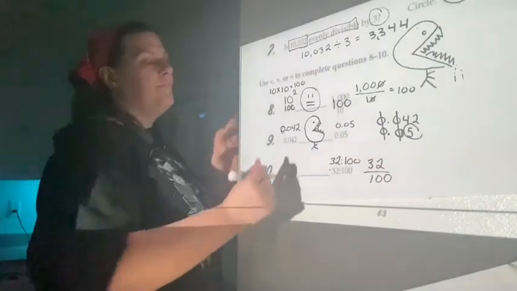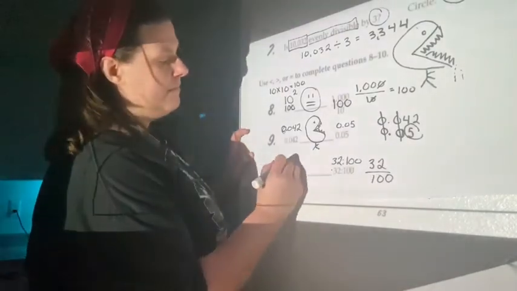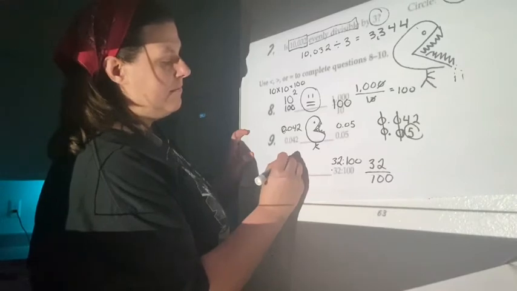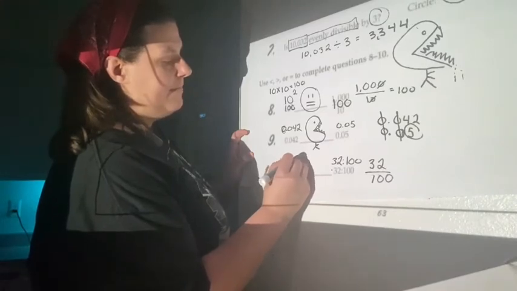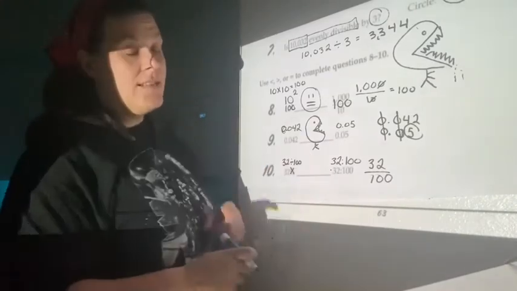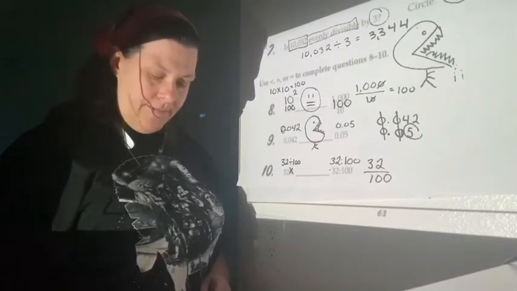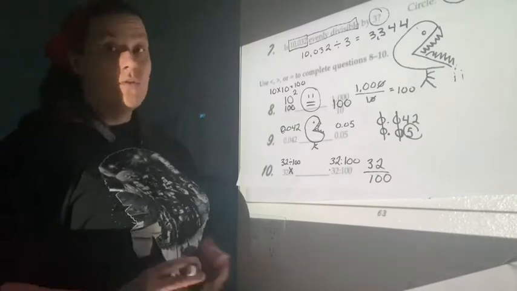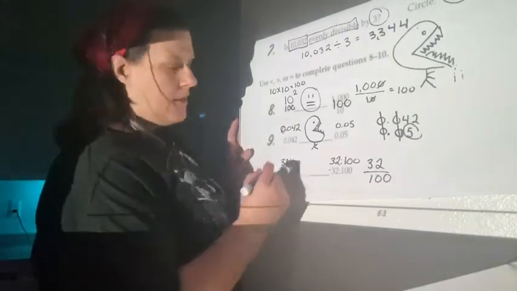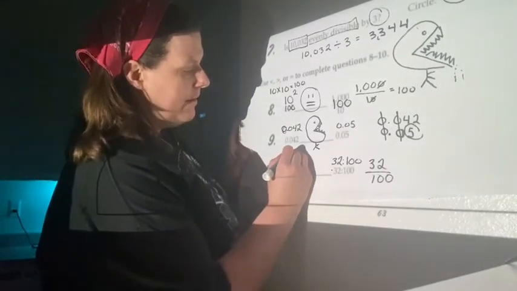Divide. So we take our 32 and we divide that by 100. That will give us the decimal. So 32 divided by 100 is 0.32.